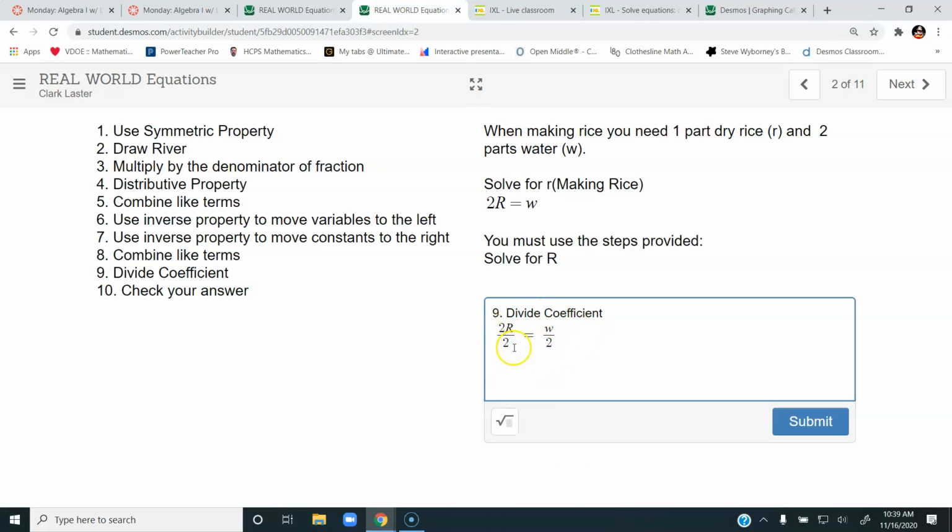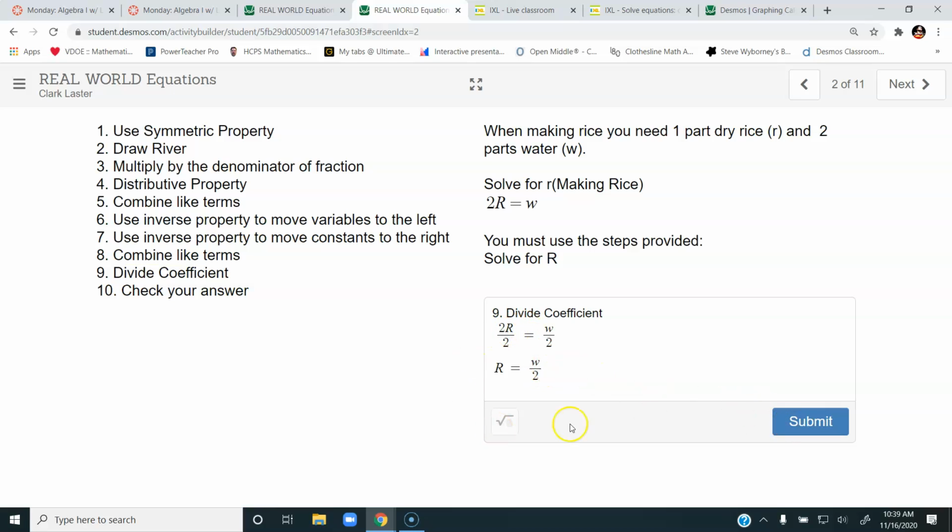So 2r divided by 2 is equal to w over 2. And then you have r equals w divided by 2, because these two r's will cancel each other out, leaving me with r is equal to w divided by 2.